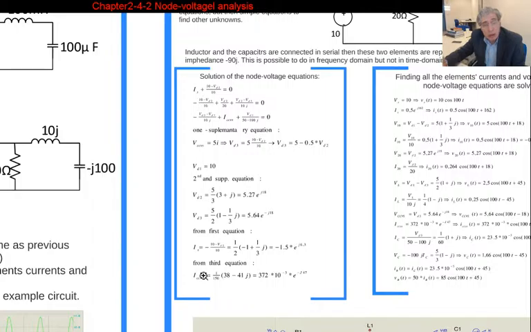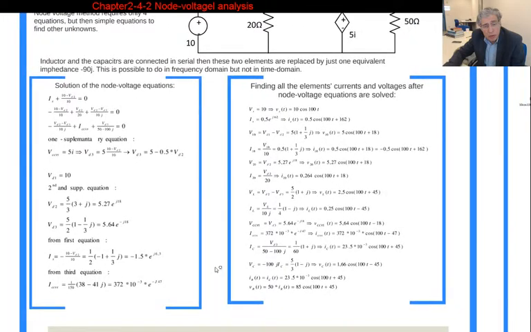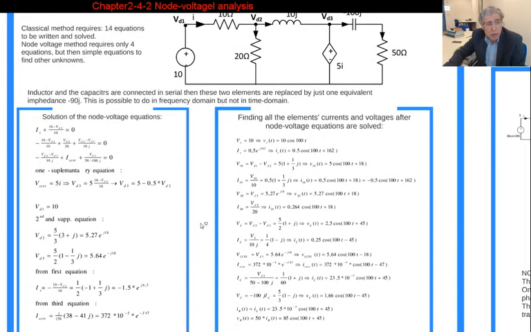So we didn't find all the elements' currents and voltages yet, but once you find all the node voltages, then you can find all the elements' voltages in terms of node voltages. This is what is done here. And then once you find all the elements' voltages, then you can find the element currents by using the definition relation.